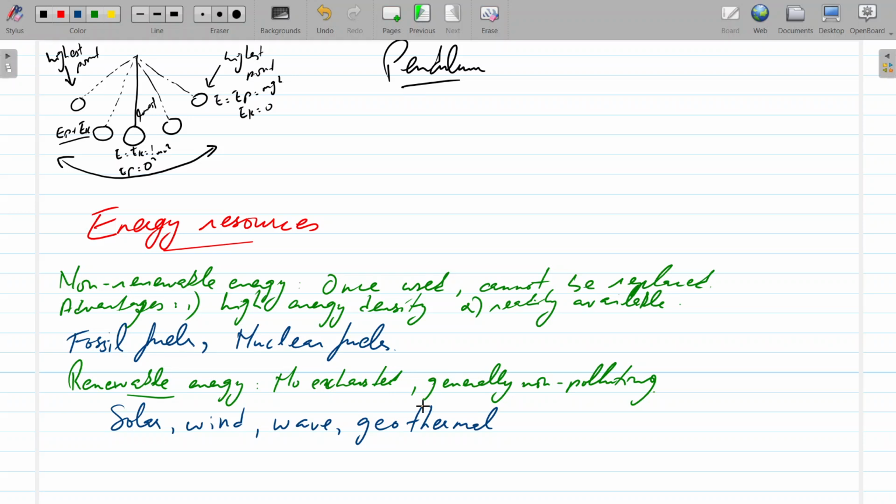Now, what do they mean by not exhausted? Let's take solar energy for example. We put solar cells and it traps the sunlight and converts it to electricity, and then we use the electricity for whatever purpose. That doesn't mean the energy we trapped is not going to end.